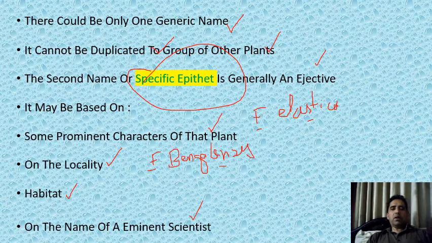Next, habitat, where the plant grows. For example, there is a plant Tribulus terrestris. It is terrestrial in nature, so in this way, Tribulus terrestris.